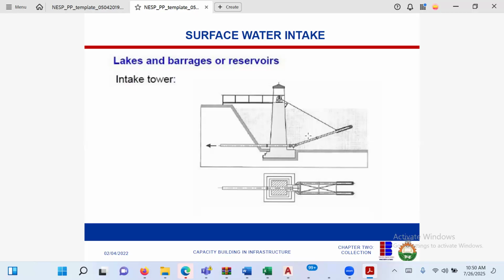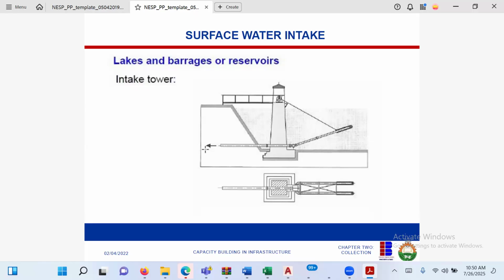You know why this filtering system is important? Because there are a lot of activities happening here. There are a lot of debris, falling trees, falling leaves, stones, dead fishes, dead animals, and what have you. So this pipe will serve as a kind of filtration membrane that will allow it to filter.